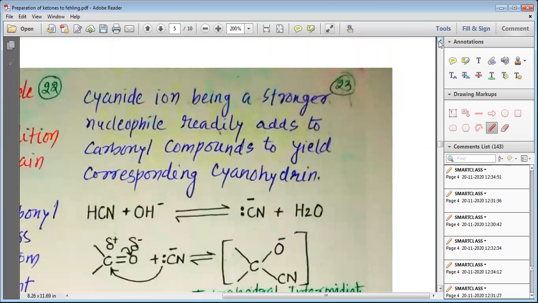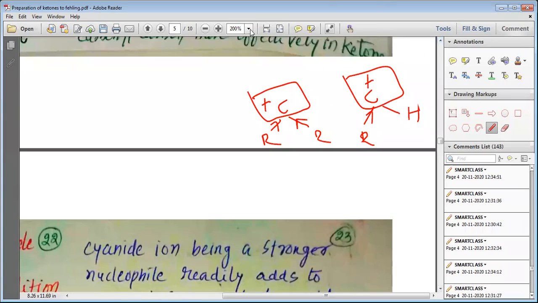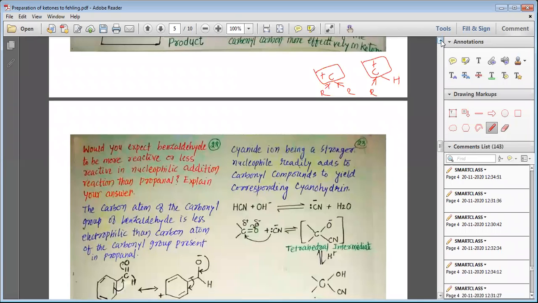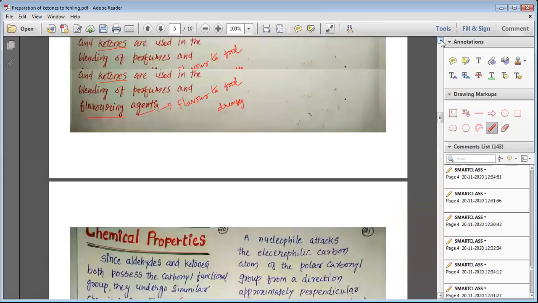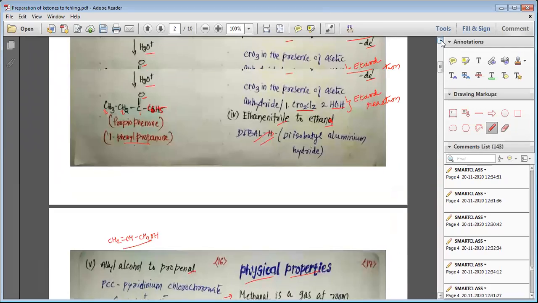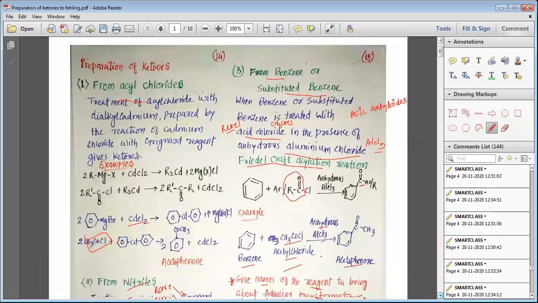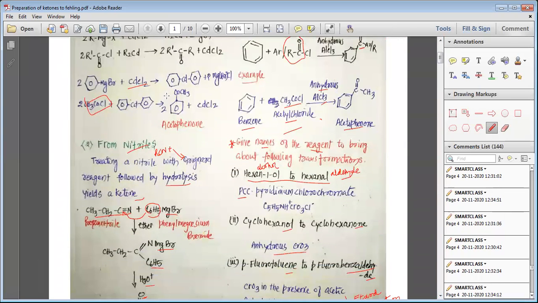So my dear students, let's revise what we have studied in today's class. Let's have a look at the various things we have studied. We have studied the preparation of ketones from acyl chloride using CdCl2. CdCl2 converts the Grignard reagent into a dialkyl or diaryl cadmium compound, which in turn reacts with the acyl chloride to give a ketone.